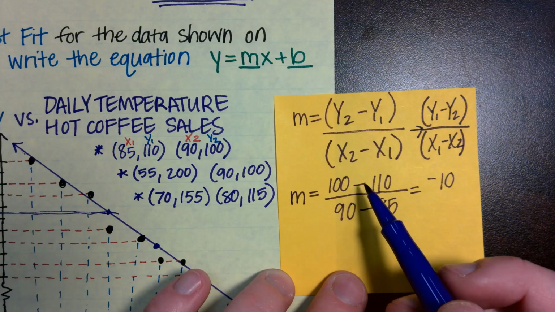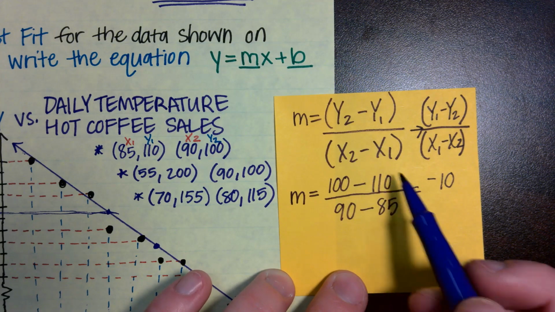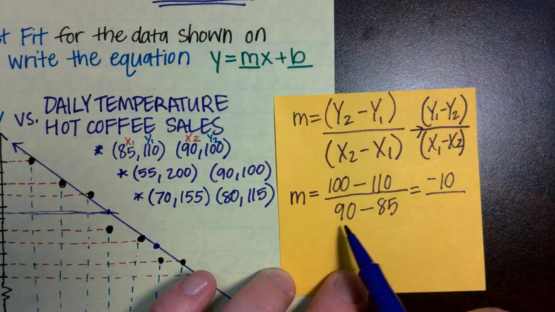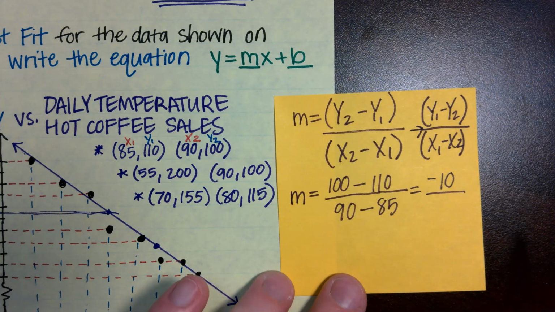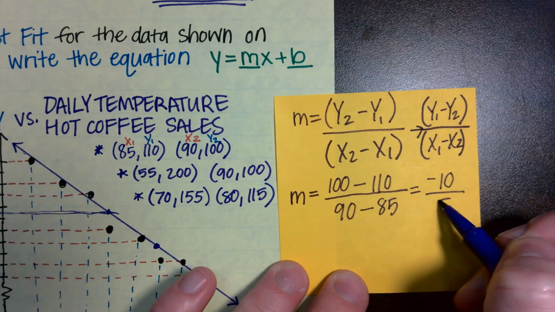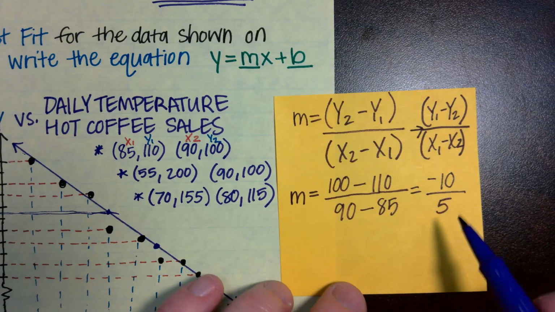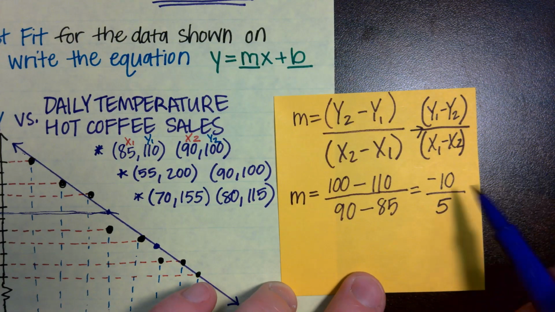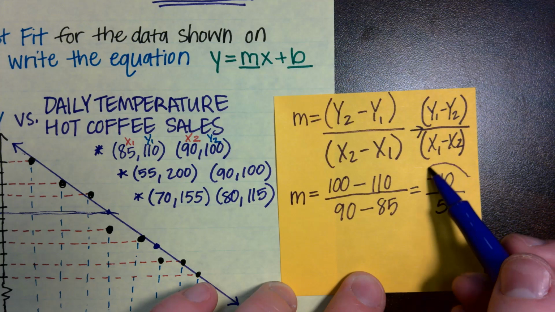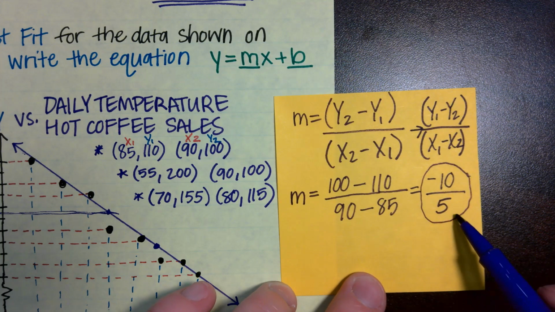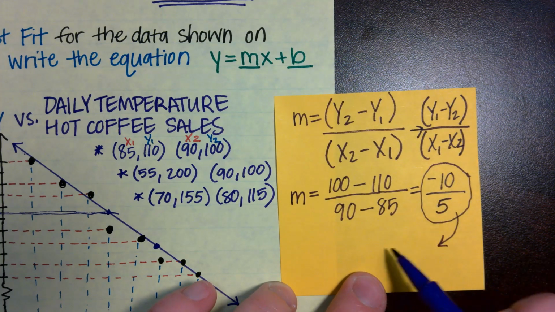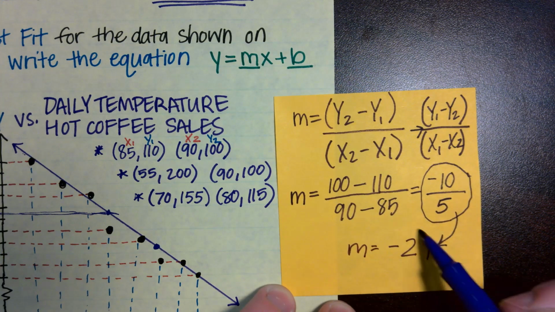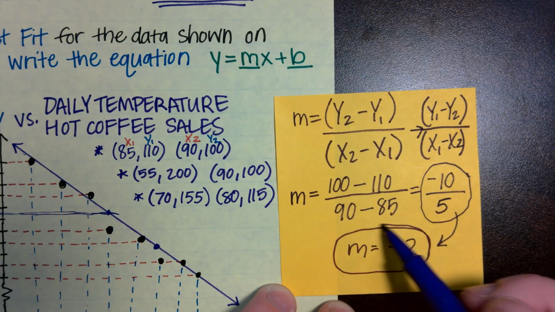Start with 100 and we're subtracting 110. All right. Now we have 90 minus 85. 5. Okay. Do we need to simplify? We do. What is 10 divided by 5? 2. Negative 2. Okay, I got negative 2 as my slope.